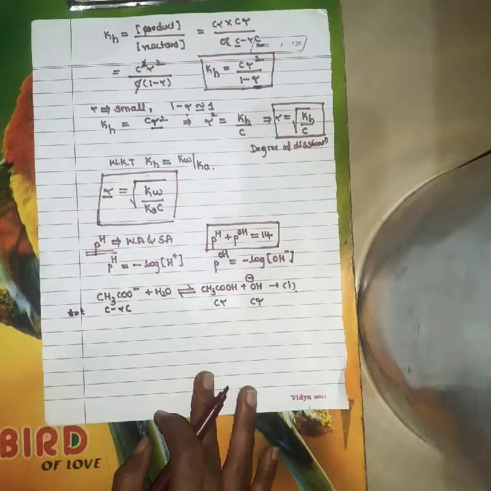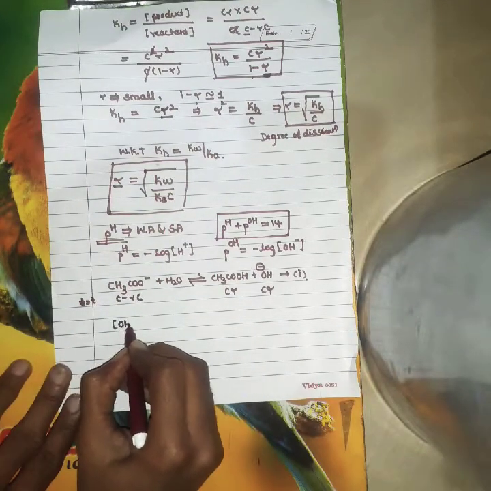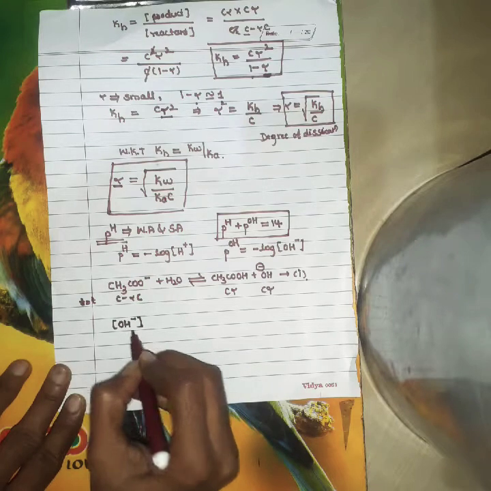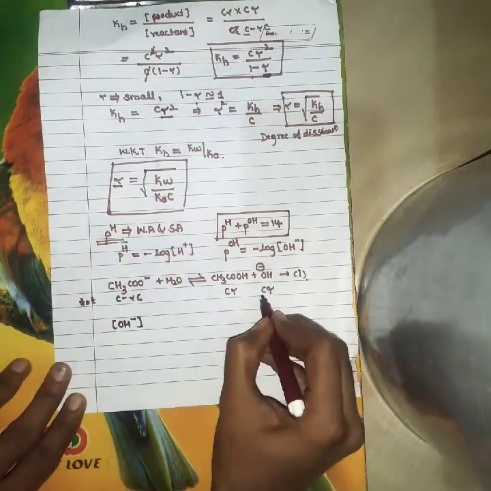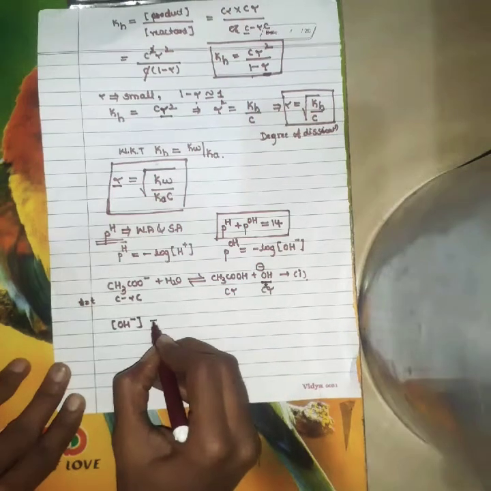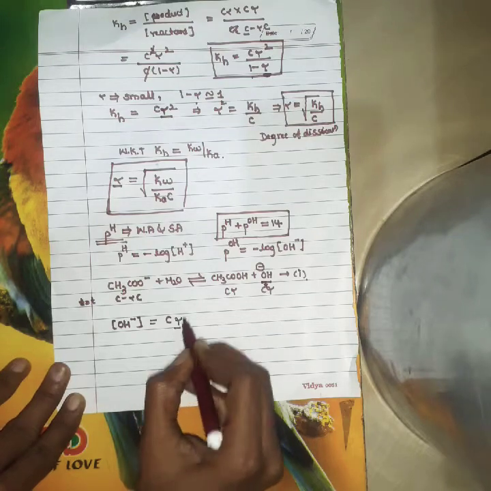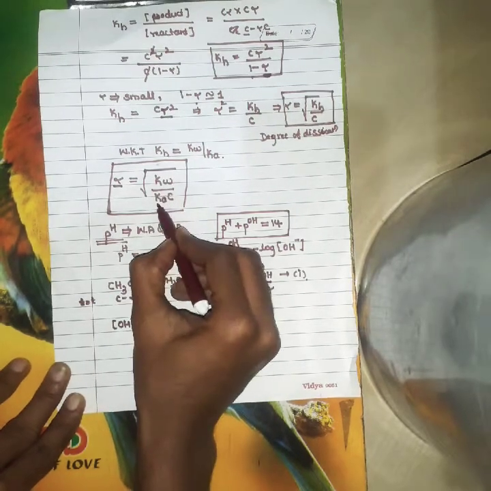Therefore, we only consider the concentration of OH minus ion, which is C alpha. We know the value of alpha.